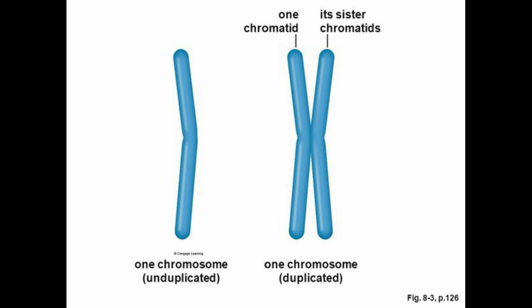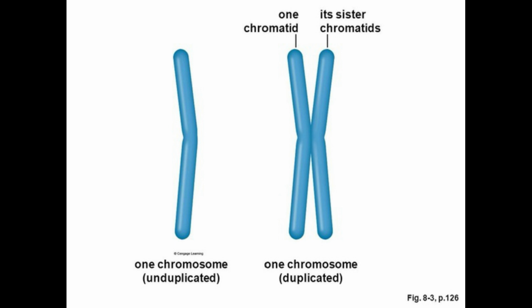And you can see a constriction or knot-like structure here. This is called the centromere and it divides the chromosome into two regions or arms. They are called P and Q arms based on their size. Conventionally, the shorter arm is called the P arm and the longer arm is called the Q arm.